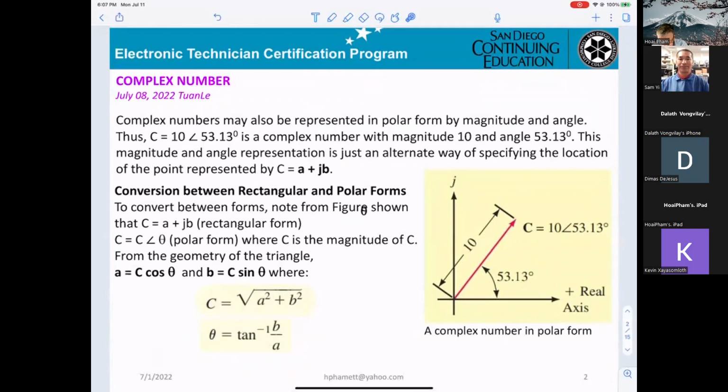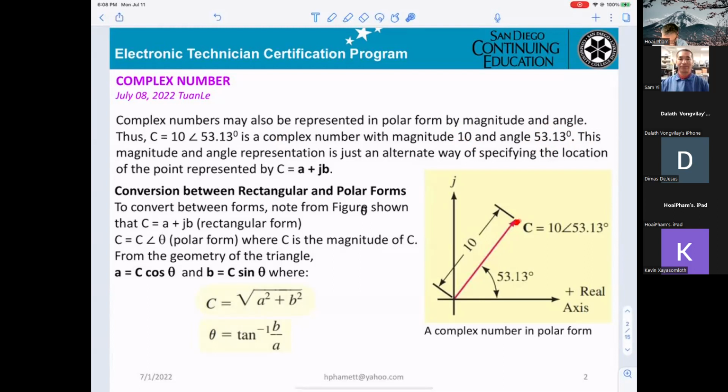A complex number may also be represented in polar form by magnitude and angle. You get C equals 10, angle 53.13 degrees. Here the complex number has magnitude 10 and angle 53.13.